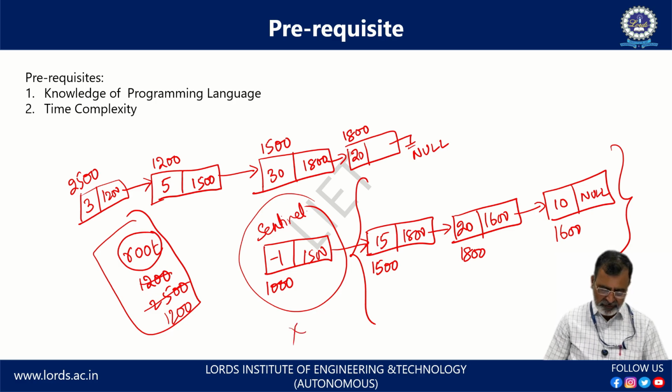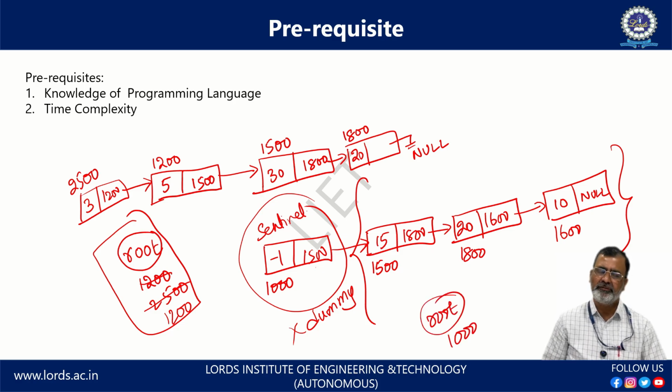Similarly, even if you insert before 15, though it looks like something at the beginning of the list, since the dummy head node is there, this is your dummy head node. So root will still be containing 1000. But we have to be a little careful during traversal.